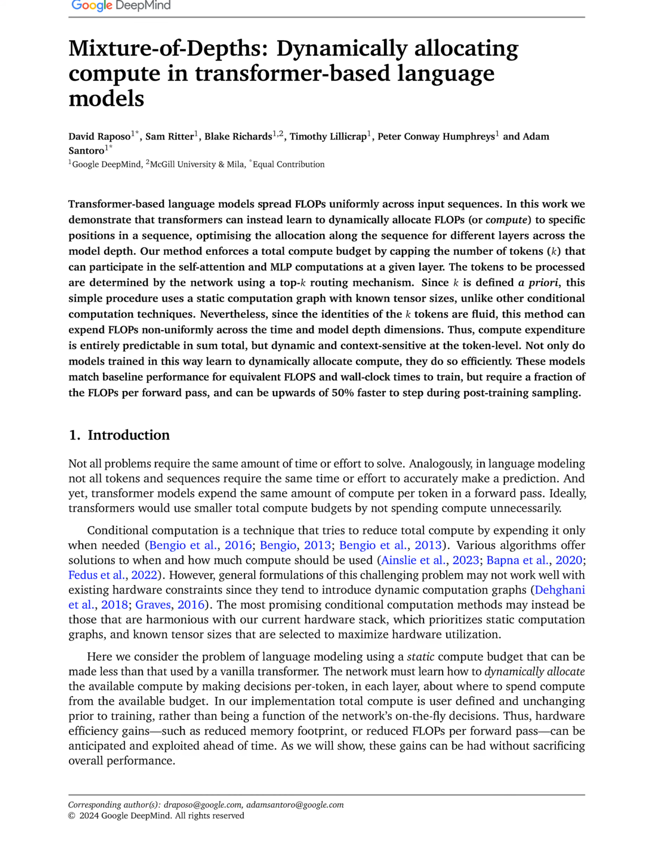This approach enables the network to dynamically allocate compute resources by making decisions per token, optimizing the usage of available compute. The static compute budget ensures that hardware efficiency gains, such as reduced memory footprint and fewer flops per forward pass, can be anticipated and exploited proactively.